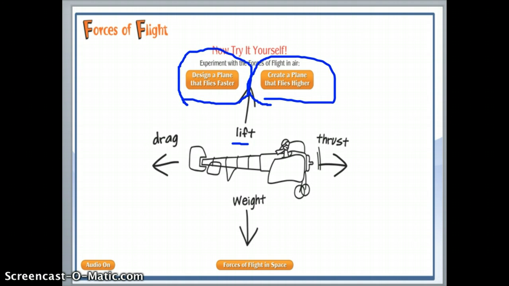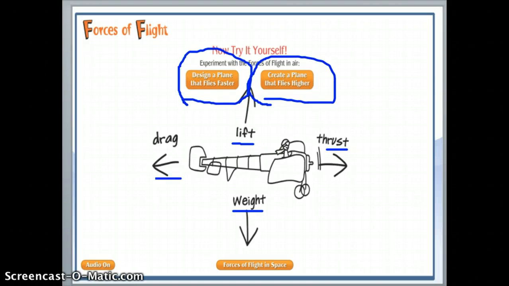You'll also notice that it talks about some of the forces that you're going to have to work around as you choose your designs, things that you're going to have to take into consideration. The lift that gets the plane off the ground, the thrust that moves the plane forward, the weight of the plane, and that gravity works on the weight of the plane to keep it down, so you have to adjust the other elements in order to get lift.